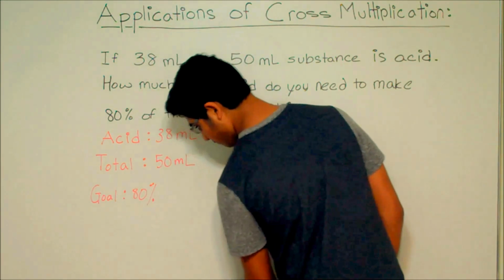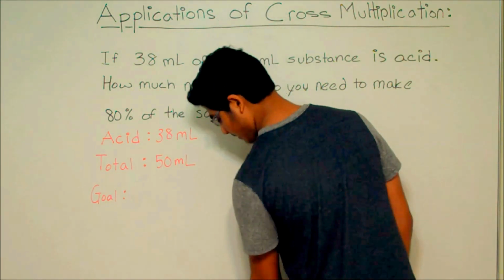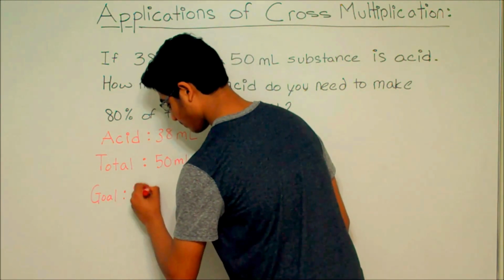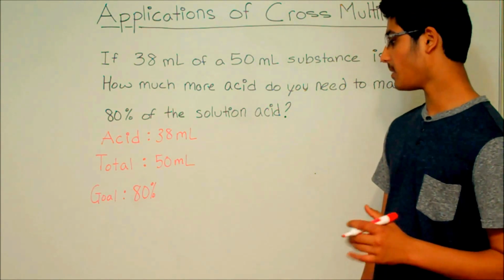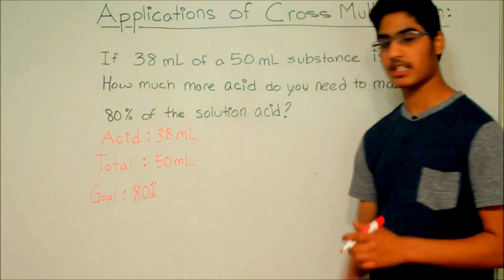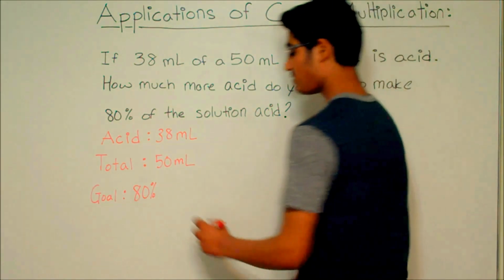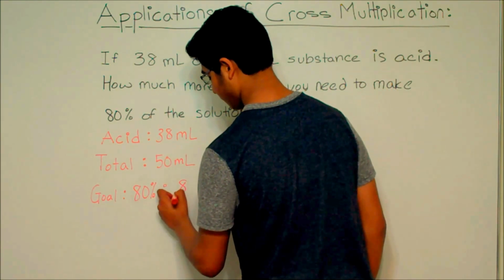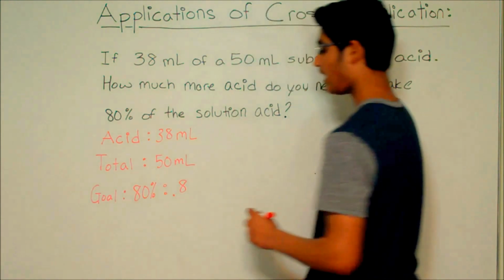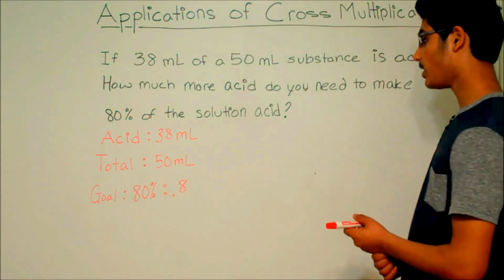So now, to make this problem a little bit simpler, let's convert 80% to decimal form. The decimal form of 80% is 0.8. So now let's set up our equation.